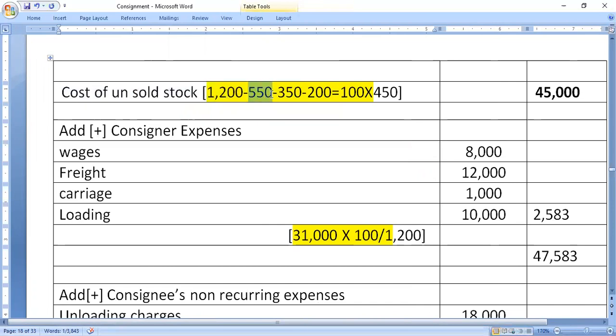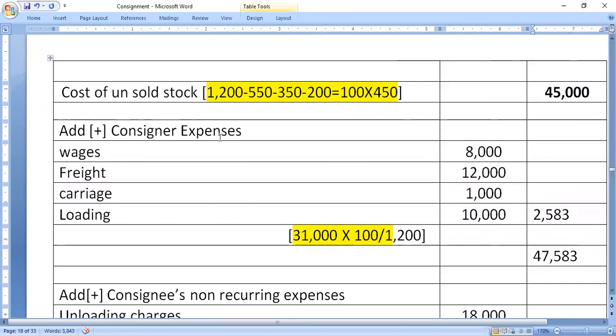First 550 bats were sold, second 350, third 200. So 1,100 deducted, the balance is 100 unsold bats, which remain in the hands of Dravid. That's why 100 into 450, which is the face value of the bats, is 45,000.